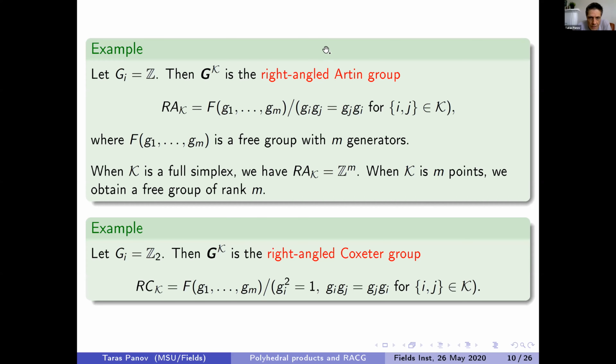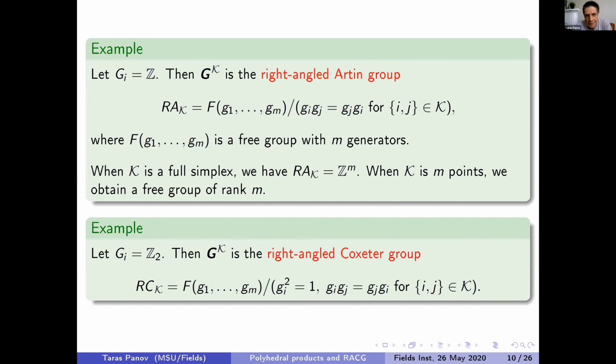Another, more geometric example is what's called a right angled Coxeter group. It's when you take Z mod 2 as vertex groups, and then you have a quotient of the free group by the relations. You have one extra relation, that the square of each element is 1. And here what you get is right-angledness, because many of those groups have geometric presentations as reflection groups in Euclidean space or in Lobachevsky space, hyperbolic space.